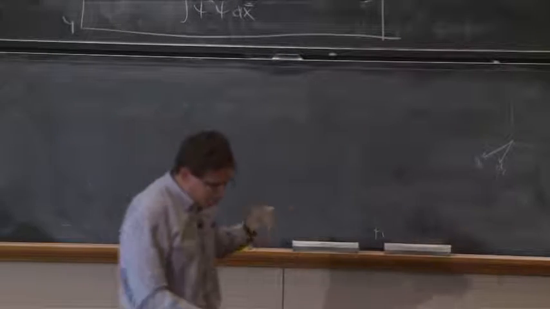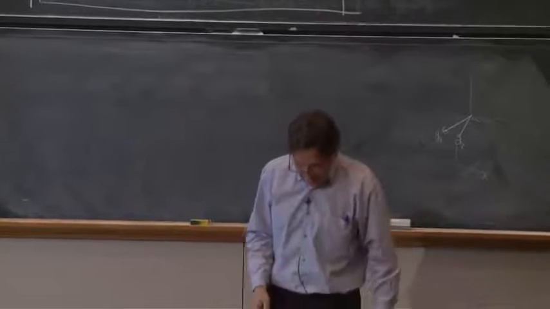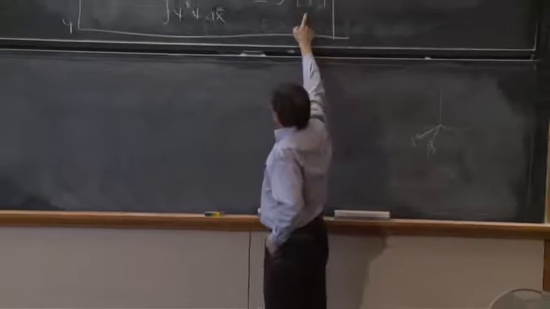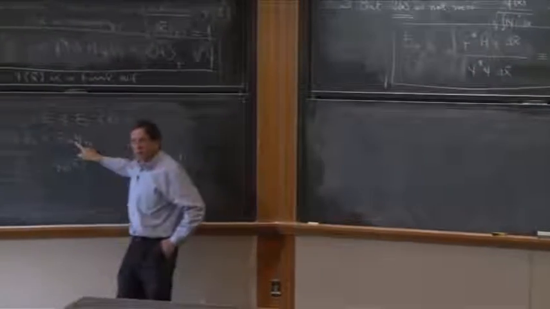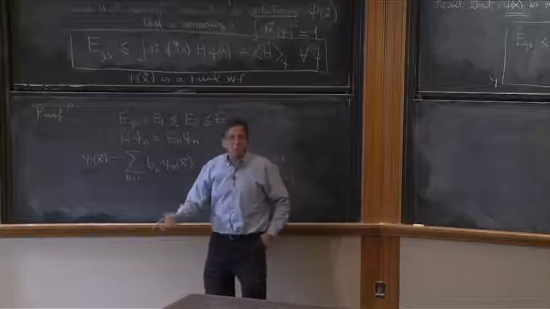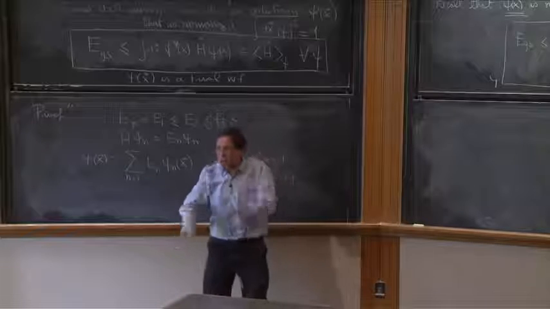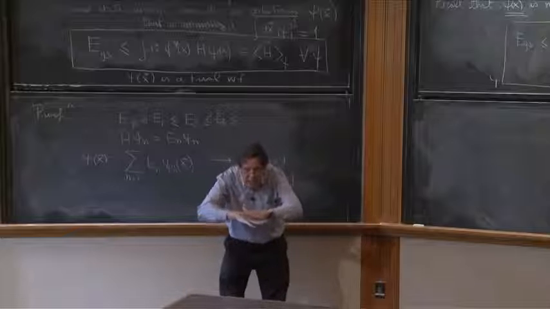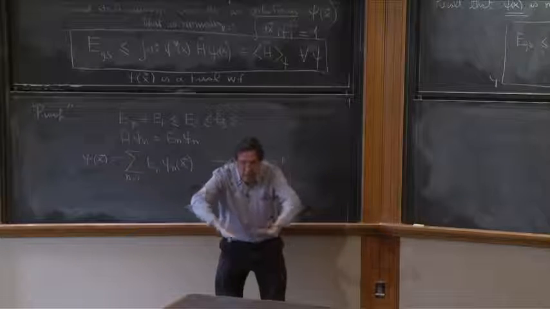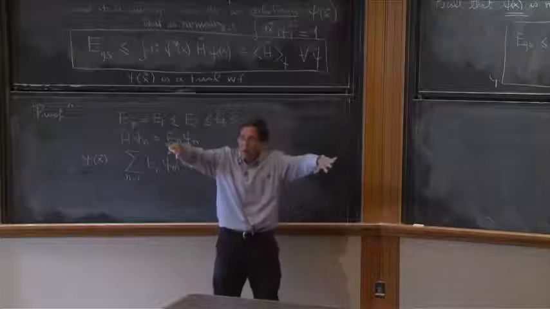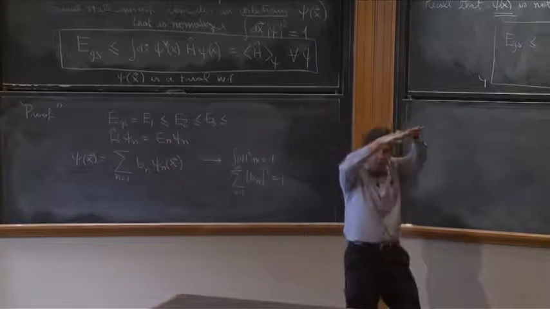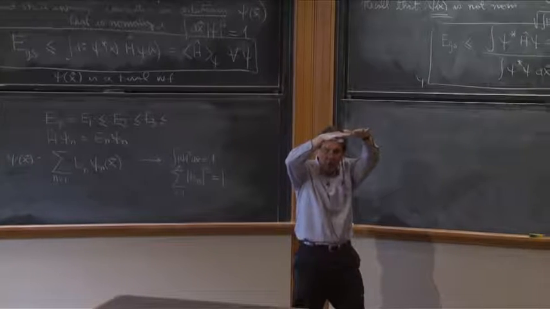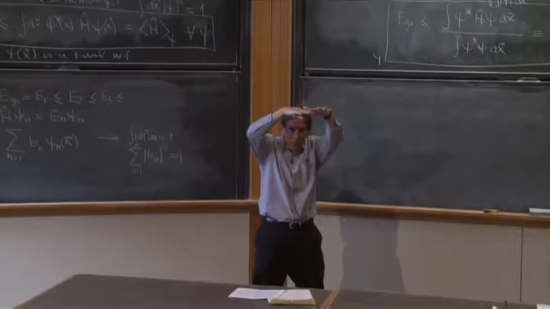Something that you will prove in the homework is that actually it's even more. Every single eigenstate is a critical point of this functional. So you got the lowest energy state, and in that infinite dimensional space, in every direction that you move, you go up. The first excited state is another critical point, but it will not be an absolute minimum.